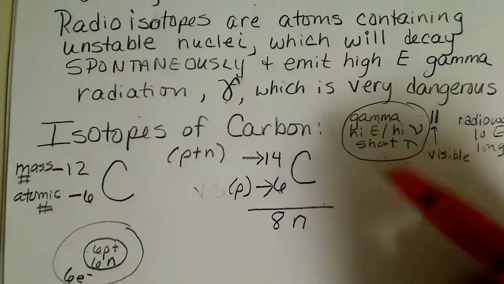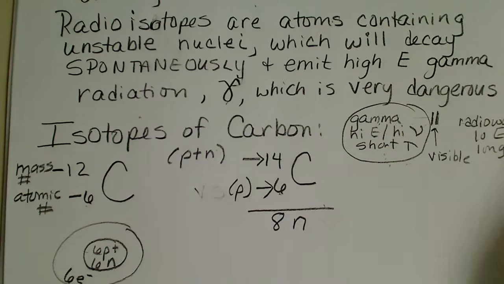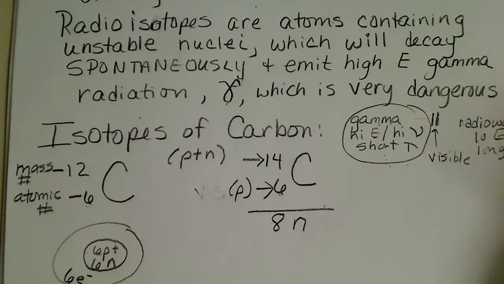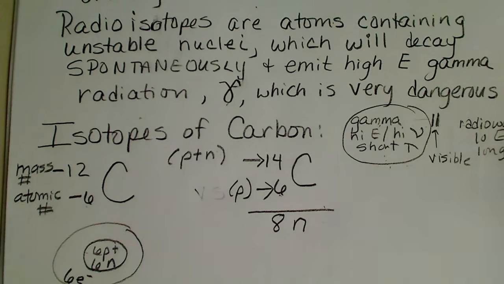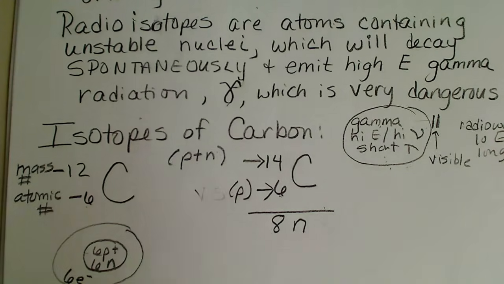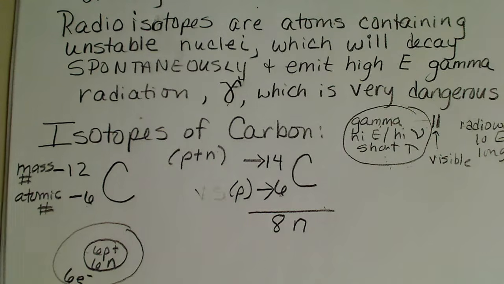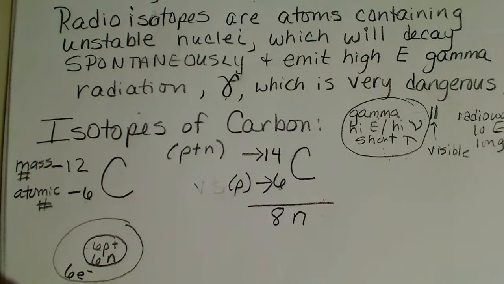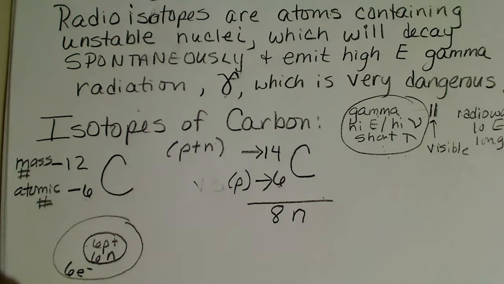Even if we cool that atom down to absolute 0 degrees Kelvin, that nucleus will still decay spontaneously. If we react the radioactive atom with another element to form something new, the nucleus is still going to decay radioactively. There is no way to stop that process from happening.